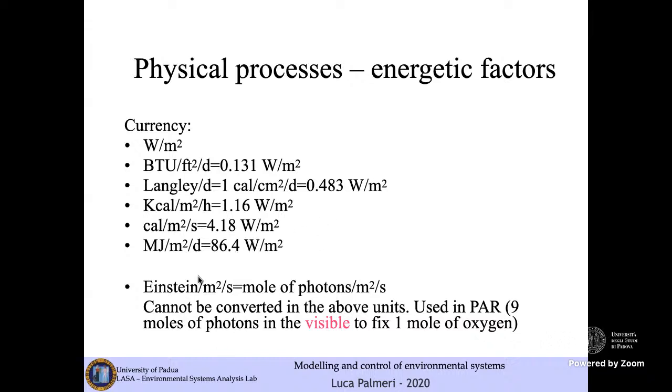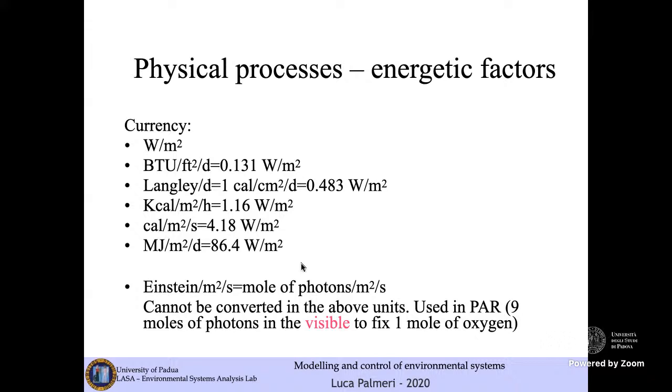Then we have a latter currency, that is the Einstein. The Einstein per square meter per second. An Einstein is a mole of photons. Of course, you cannot convert in a universal way from Einstein to the other currencies, because here we just count in terms of moles of photons.